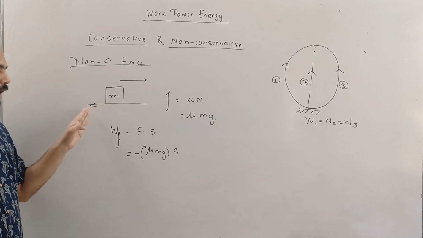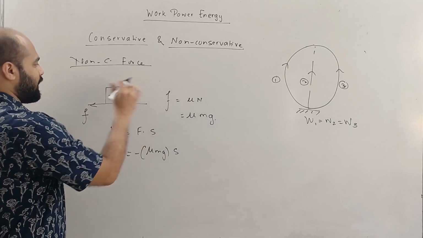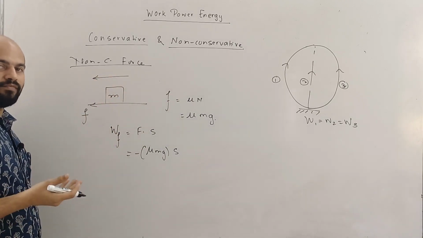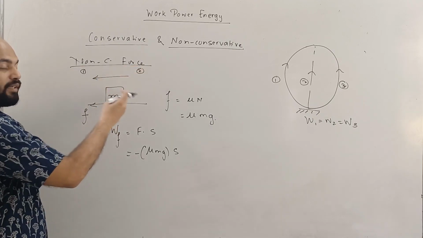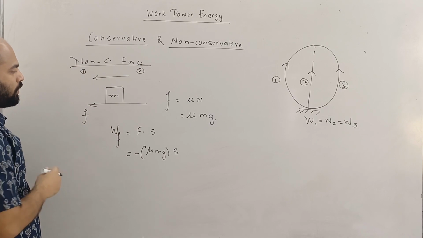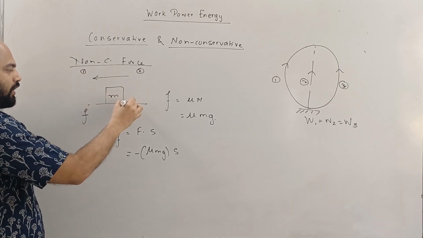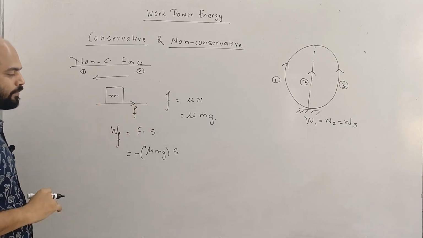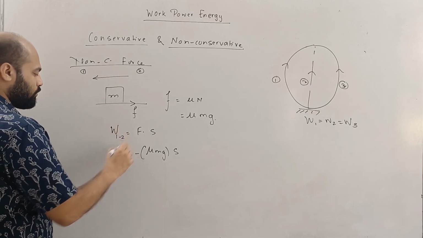Now you consider this object coming back. Let us say it had gone from position 1 to position 2, now it is coming from 2 to 1. So if it is coming in this direction due to some force, the friction now would act this way, because friction is always opposite to the motion. So this is the work done from 1 to 2.